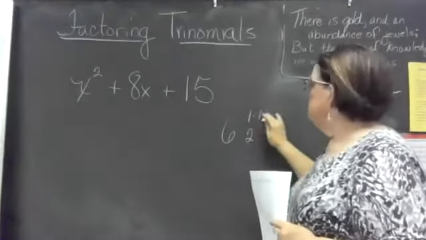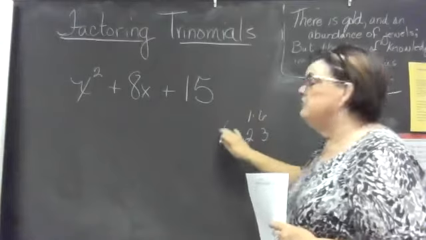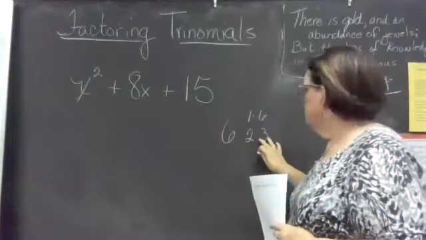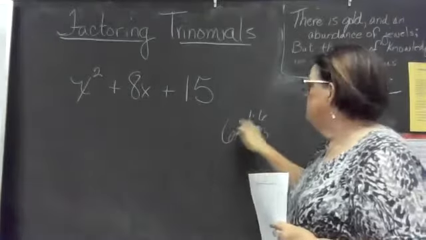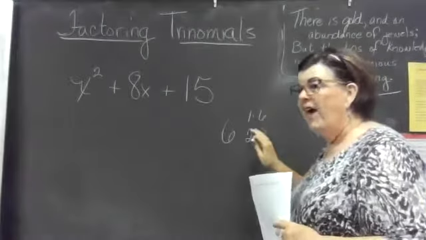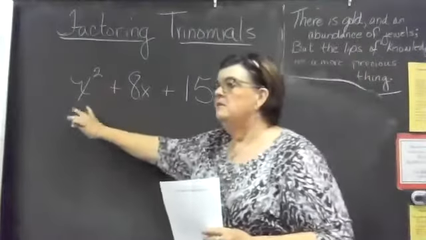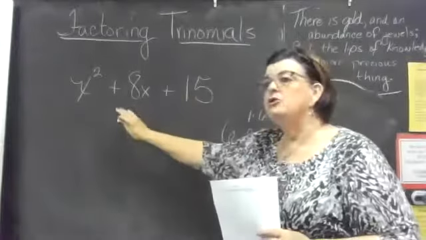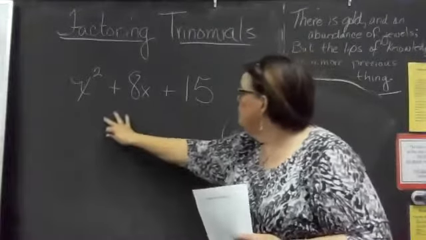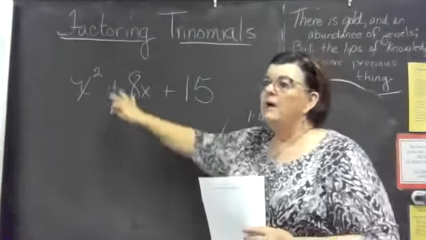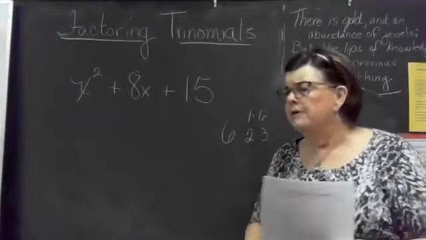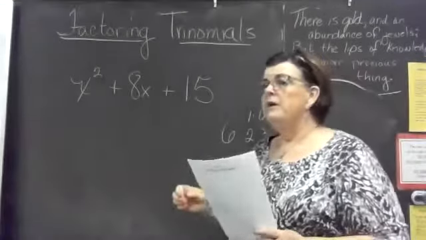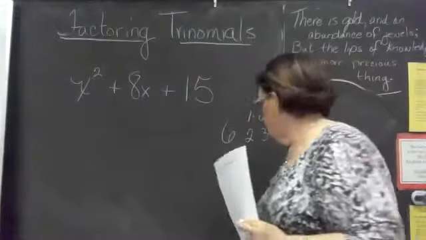These are factors that would multiply back to the original, but we divided to get them. Factoring is taking this and dividing it into pieces that we could multiply together that would take us back to the original. Now that's just an overview of what we're going to do. I will definitely explain every step, but this is what we're doing.